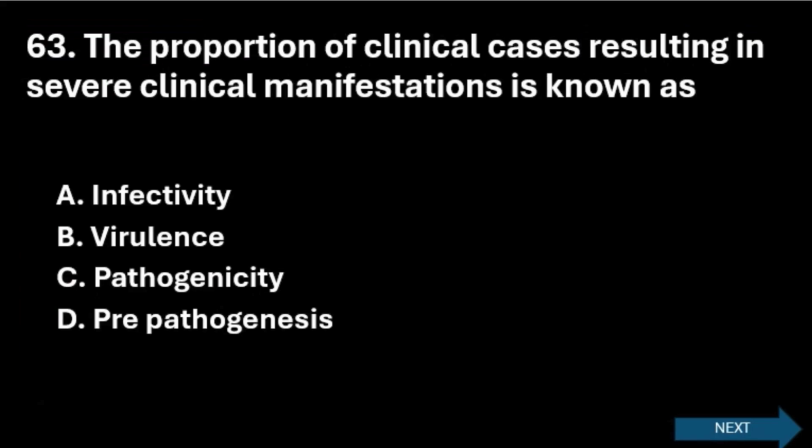Next question. The proportion of clinical cases resulting in severe clinical manifestations is known as option A, infectivity, option B, virulence, option C, pathogenicity, and option D, pre-pathogenesis. The right answer here is option B, virulence.